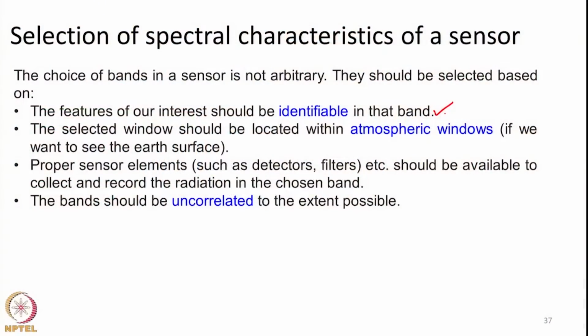Second thing, the selected window or selected bandwidth should be located within atmospheric windows. Let us say vegetation shows a characteristic water absorption band, like presence of liquid water inside a leaf will produce characteristic absorption bands around 1.4 micrometers, 1.9 micrometers and so on.